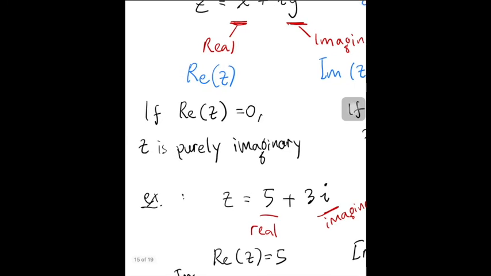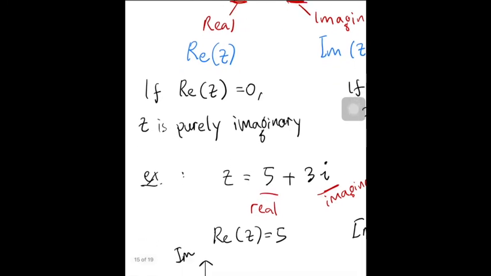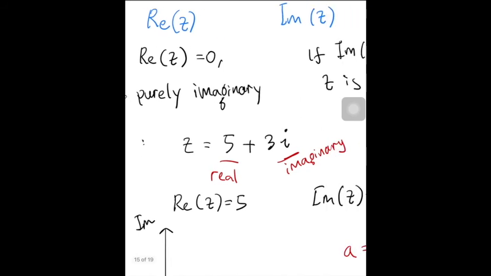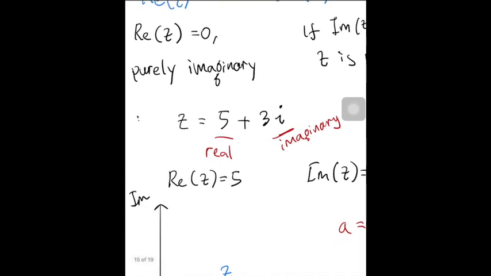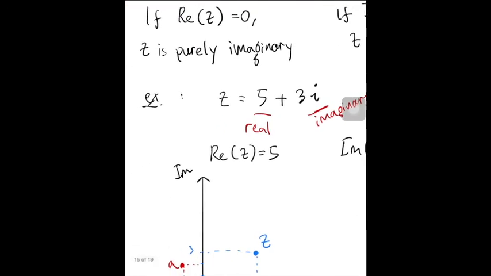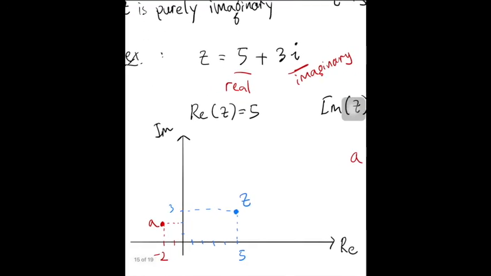For example, we have 5 plus 3i. So this is real, and this is imaginary. You can also write Re(z) is 5 and Im(z) is 3. And in the complex plane, you can also pinpoint your solution z. So this is the real part, and this is the imaginary part.